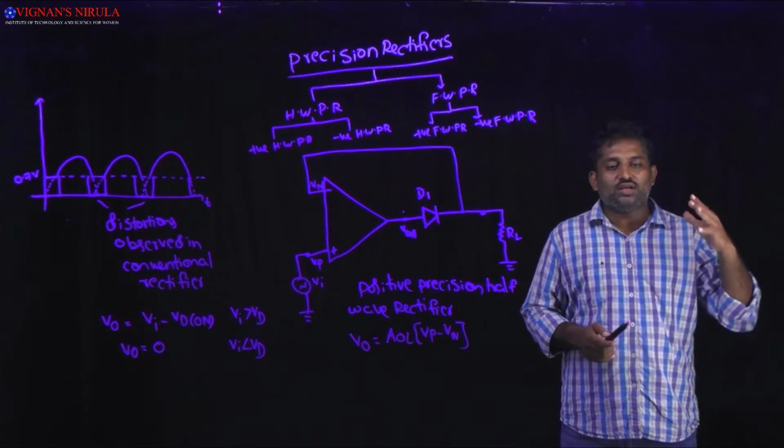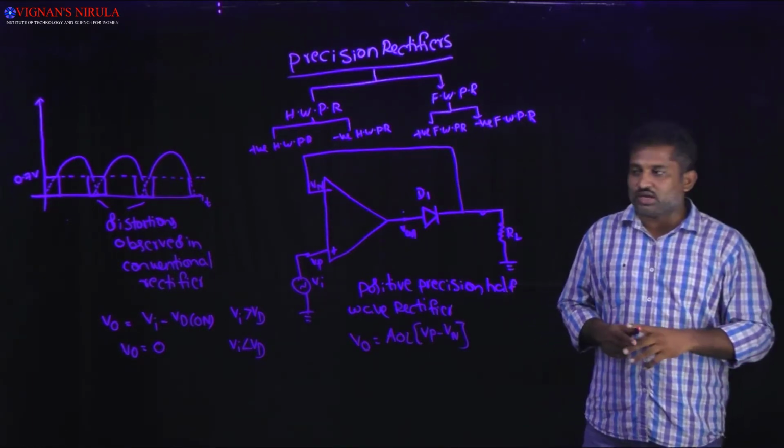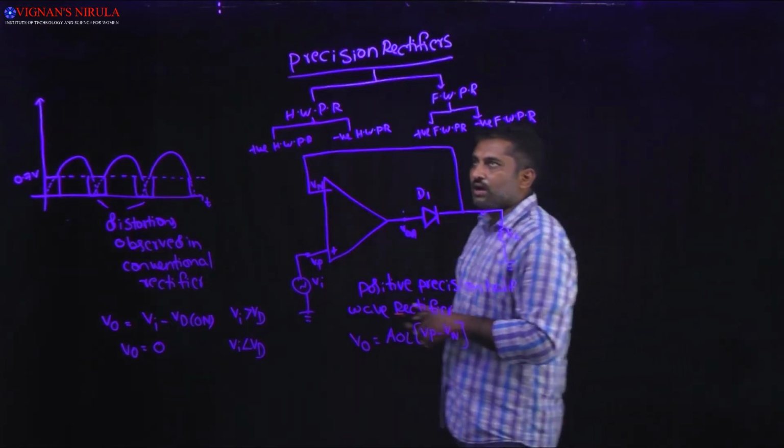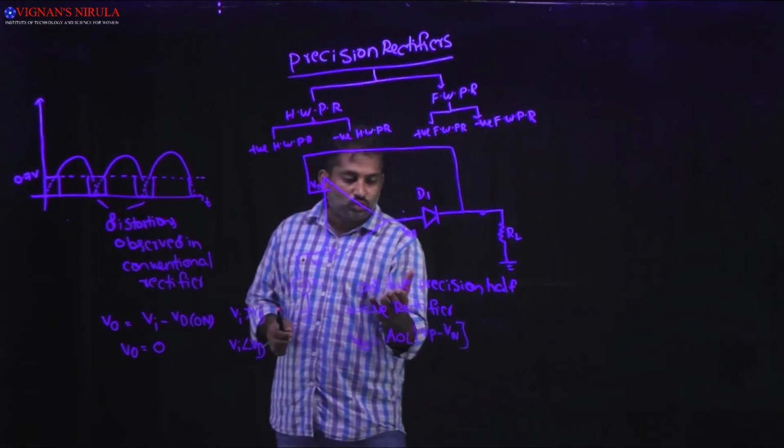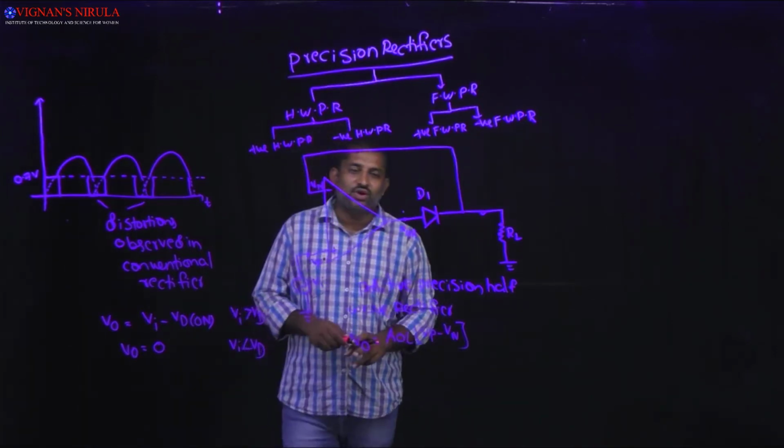We all know that the open loop gain of the op amp is very high. Now coming to the precision rectifiers, first I am going to explain the positive precision half wave rectifier.